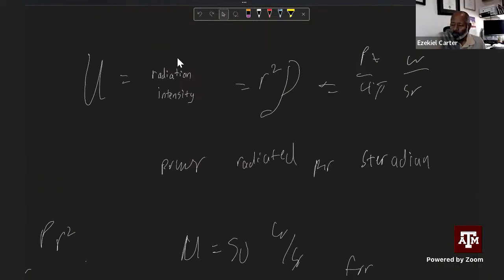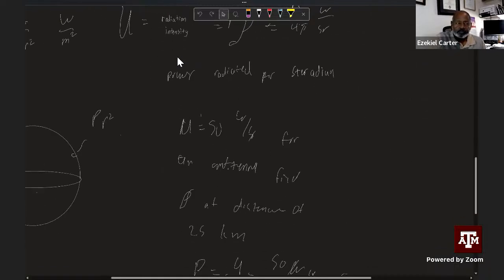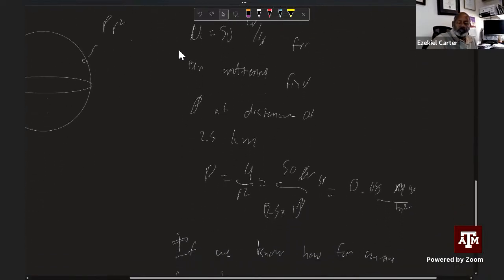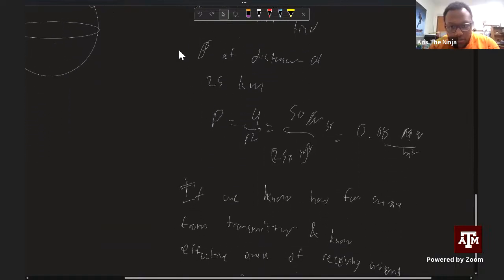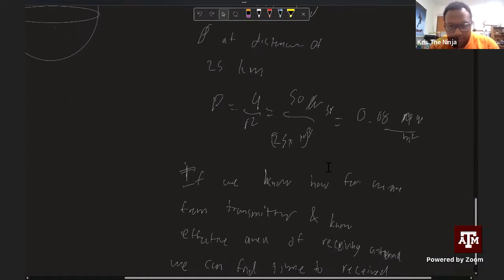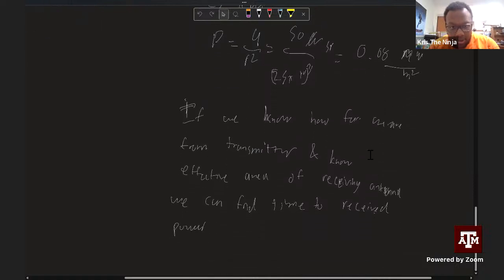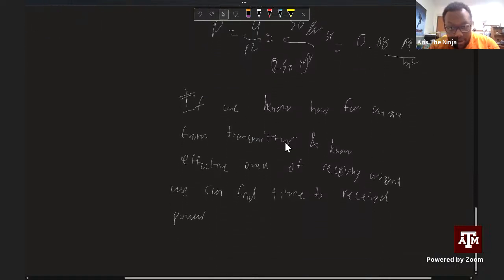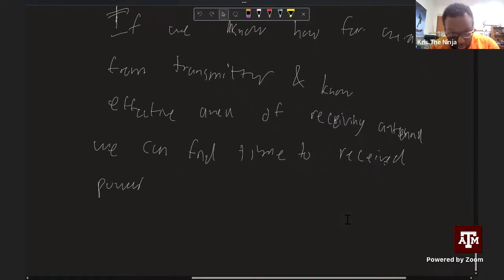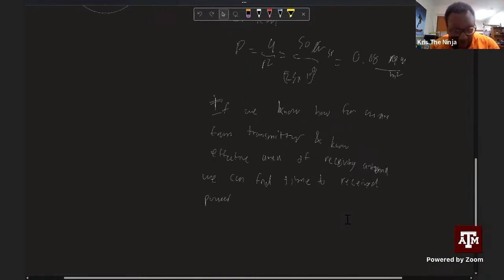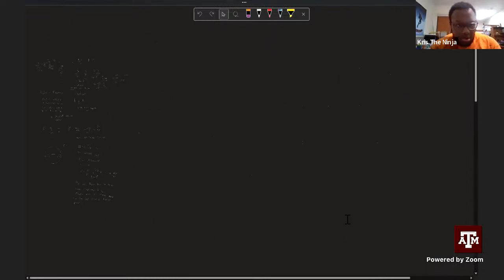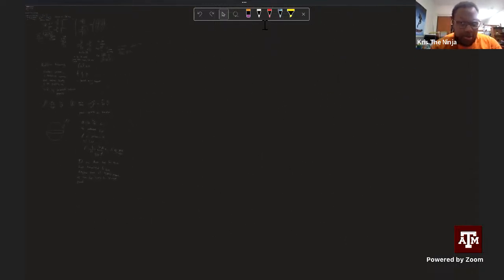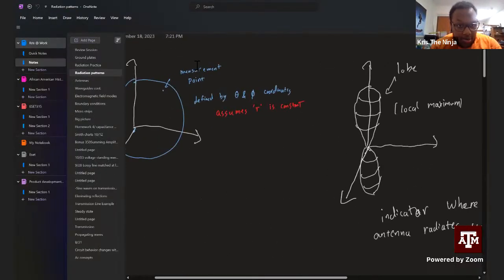So if you do 50 divided by that, you get 0.8 microwatts per meter squared. If we know how far the wave is from the transmitter and we know the effective area, we can find the received power. And that's all I have written for this one.